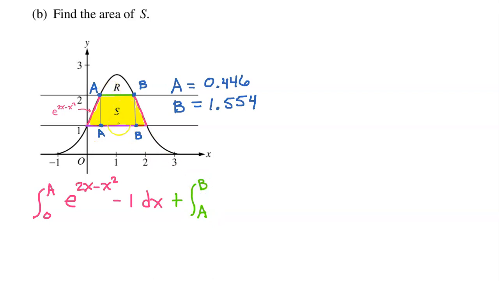And now the top function minus the bottom function. The top function is 2, and then the bottom function is 1. So it would be silly to leave it like this. 2 minus 1 is just 1, so let's go ahead and simplify that.